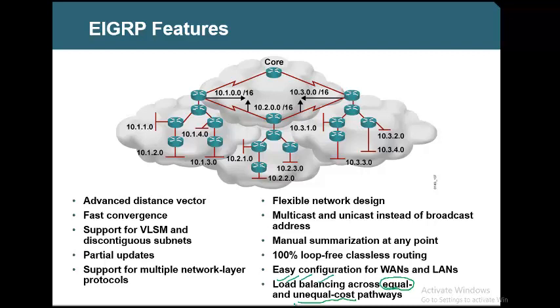But when it comes to unequal cost, when the metrics are not the same to the destination via different paths, only the low cost path will be used by OSPF, RIP, IS-IS. Whereas EIGRP can be tuned to even share the load across unequal cost paths. Question to you. Will EIGRP do unequal cost load balancing by default? Yes or no?